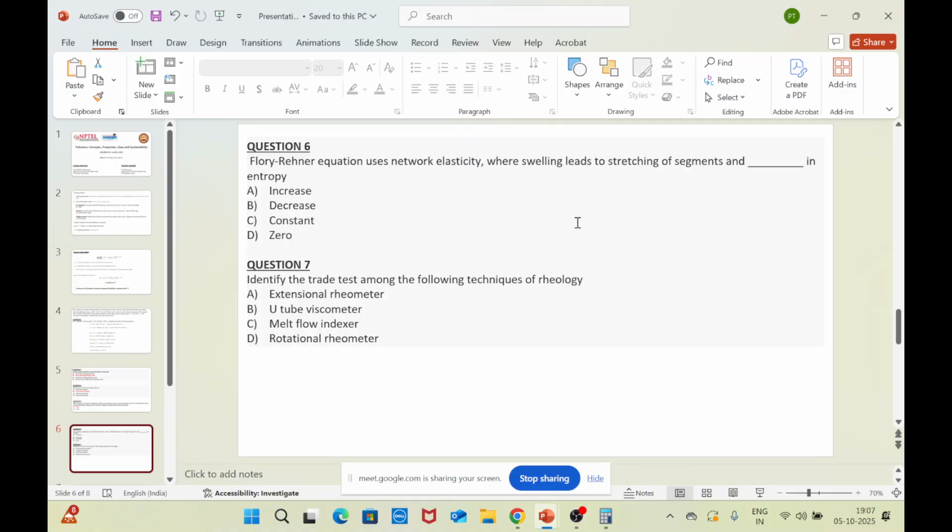Swelling leads to stretching of segments, and how does it affect the entropy of a system? We discussed this about 10 minutes back. It's related to the conformational disorderness of a system.